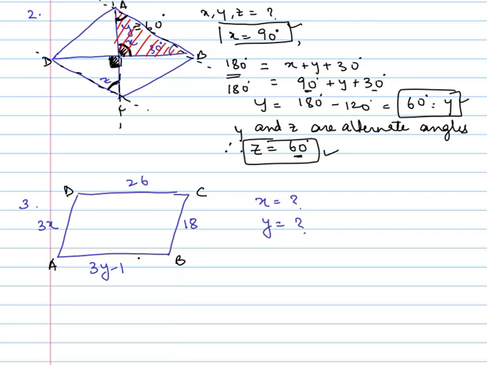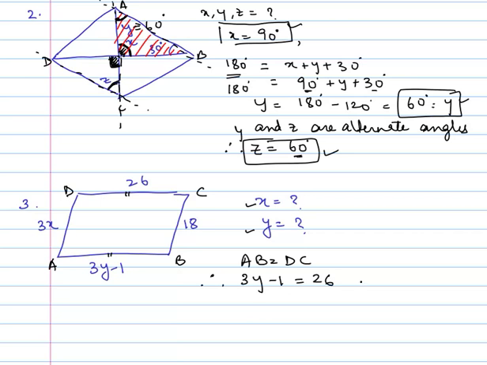The lengths of the sides are given, and we have to find the values of x and y. So we know that opposite sides in a parallelogram are equal. So we know that AB will be equal to DC, right? Therefore we will equate the given values. Now what is AB? It is 3y minus 1, and what is DC? It is given as 26.